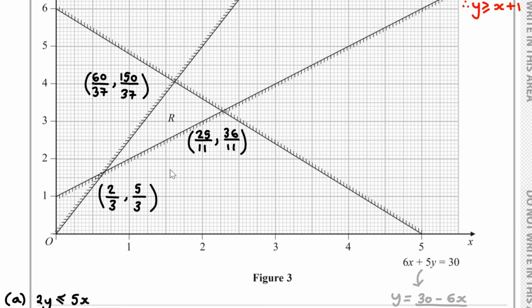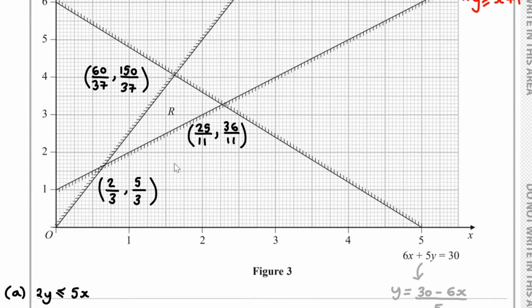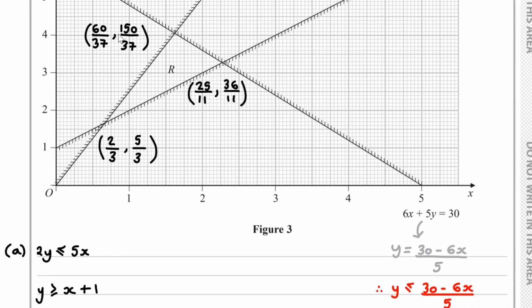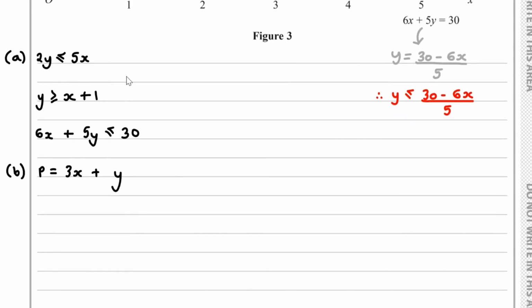So now what we need to do is substitute each of these coordinates into the objective function for p. Now we know already for part B that p is equal to 3x plus y. And we need to find out the value of p at each of these coordinates. So let's first of all find out the value of p at the coordinate 2/3 and 5/3.